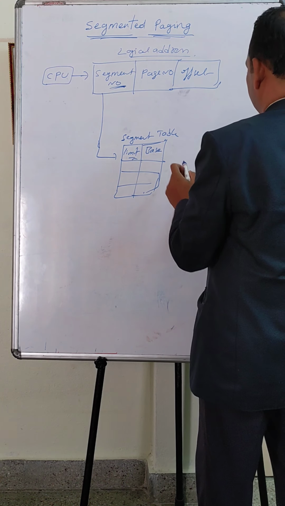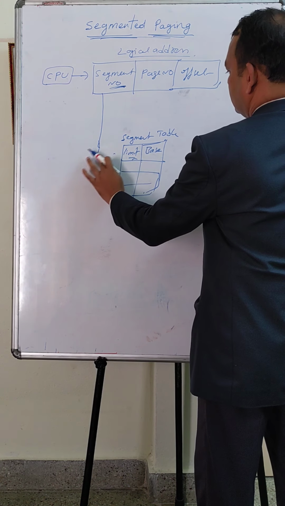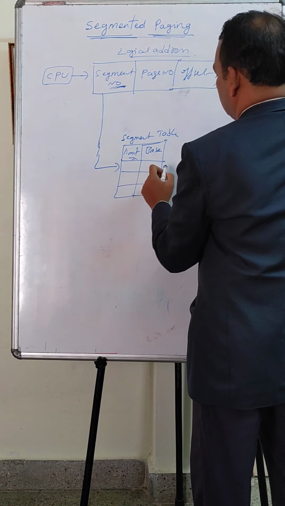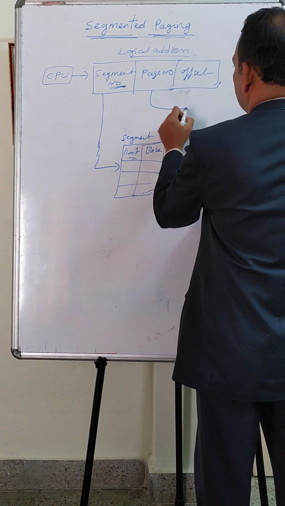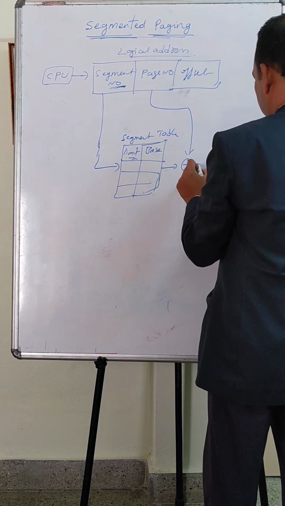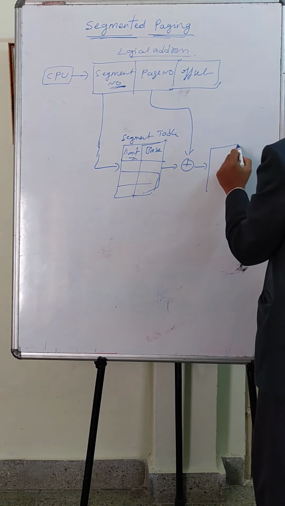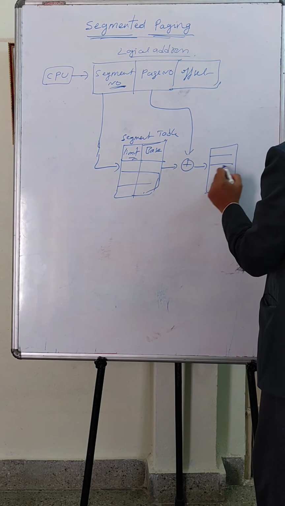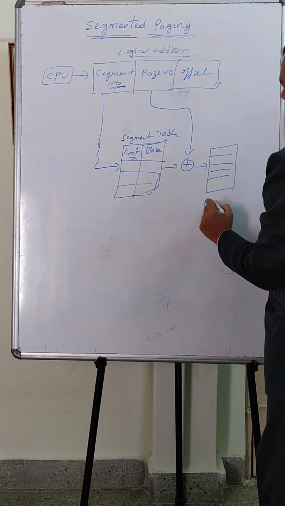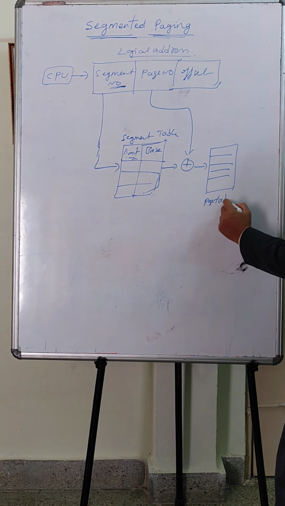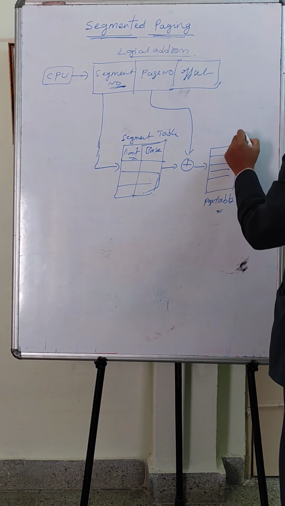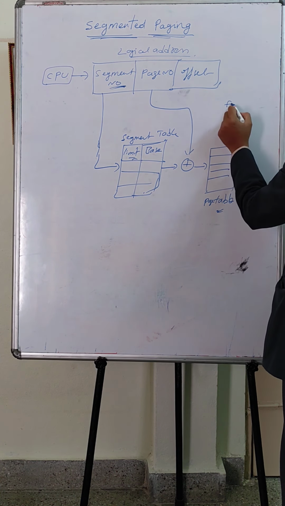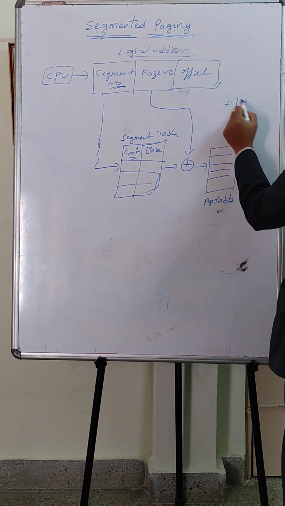From this, the page number goes to the page table. This is the page table, and from here we get the frame number and offset.